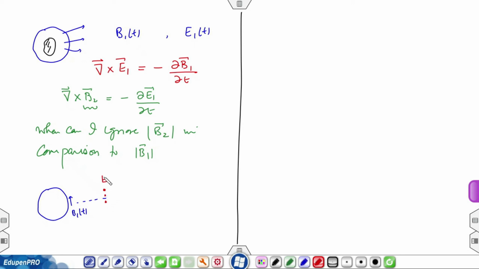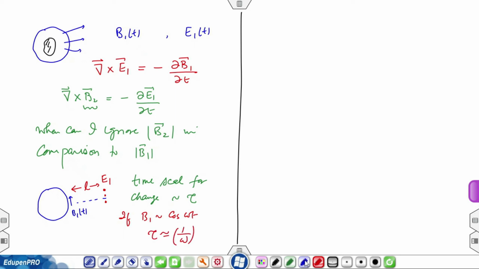So, this is E1, and let us say this distance is L, and the time scale for change is of the order of tau. For example, if B1 is cosine omega t, then tau would be of the order of 1 over omega.